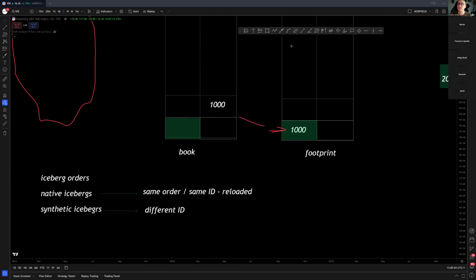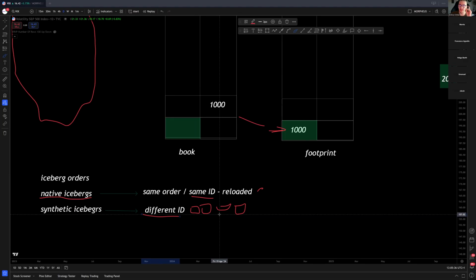So it's not the same order which is being reloaded, it's multiple 20 contract orders. So if you're a big market participant, a native iceberg will show your order to the market. People can understand, by seeing the same order ID, that this is the same market participant. But if it's a different ID, people will not see it.